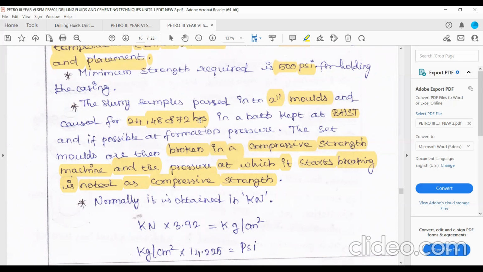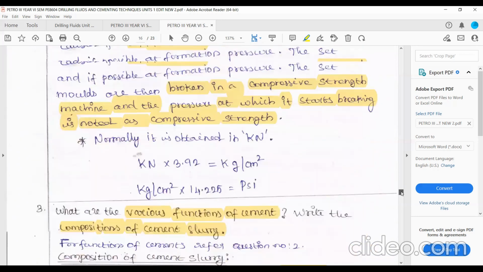It's up to you in the standard ways of doing the business. And then after it is set, you break the cement in a compressive strength machine, and the pressure at which it starts breaking is noted as the compressive strength.